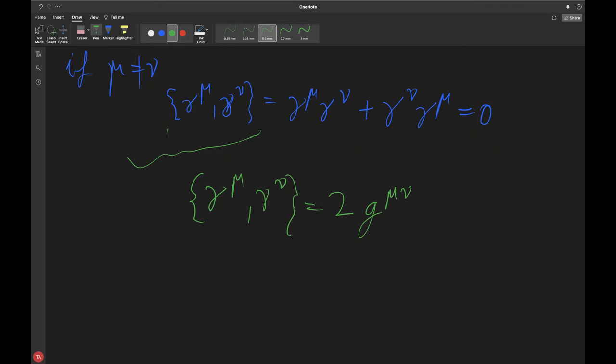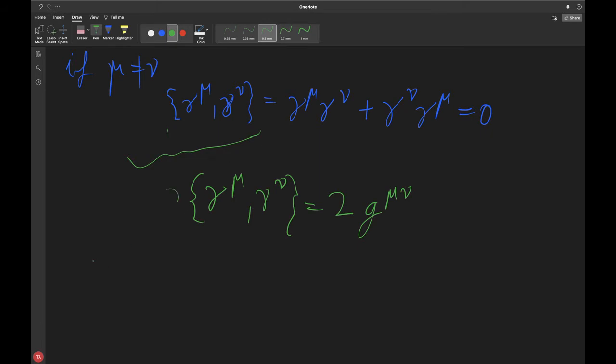Interestingly, he first thought that these would be numbers. And the thing is that you cannot make this true using numbers. The only way to do that is if these are matrices, 4 by 4 matrices.